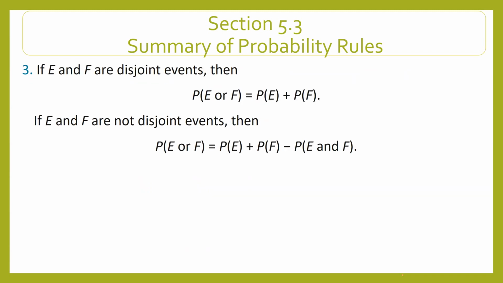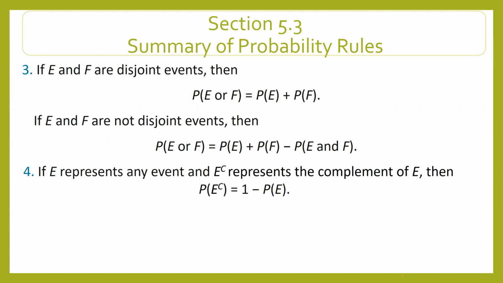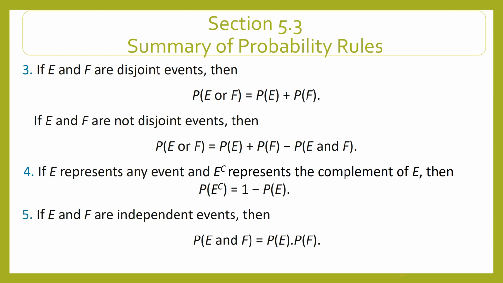If events E and F are disjoint, the probability of E or F is the probability of E plus the probability of F. If they are not disjoint, the probability of E or F equals the probability of E plus the probability of F minus the probability of E and F. If E represents any event and E complement represents the complement of E, then the probability of E complement is 1 minus the probability of E. And lastly, if E and F are independent events, then the probability of E and F equals the probability of E times the probability of F. Again, remember that this is not limited to 2 events. It could be as many events as possible.